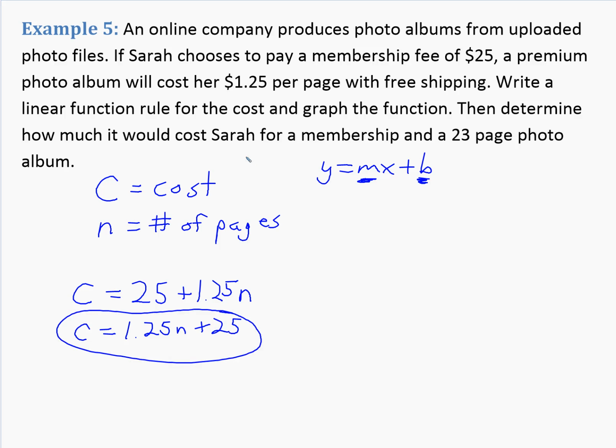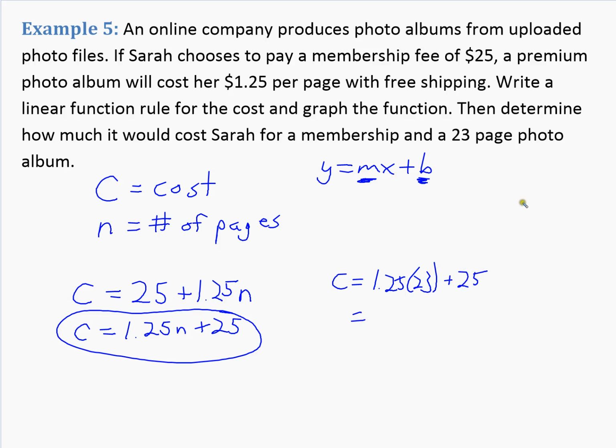How much would it cost Sarah for a membership and a 23-page photo album? Well, what we can do is put 23 in for N, and put that into our equation, and that will help us figure out how much this is going to be.